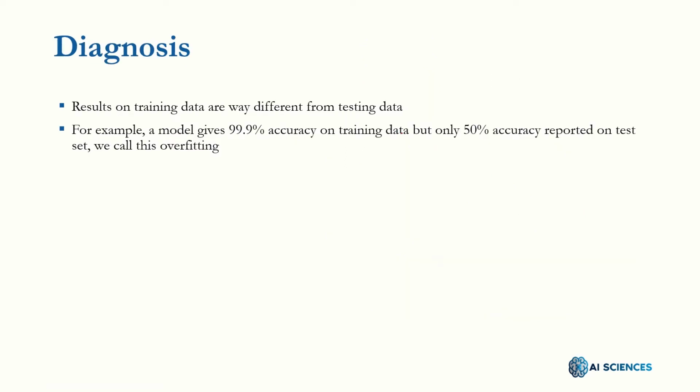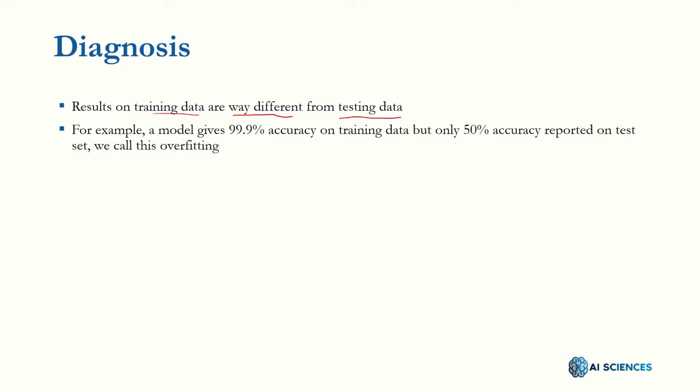And if we talk about how overfitting is diagnosed, when we see good results on training data but very bad results on testing data, it means there is a huge difference between training data results and testing data results.